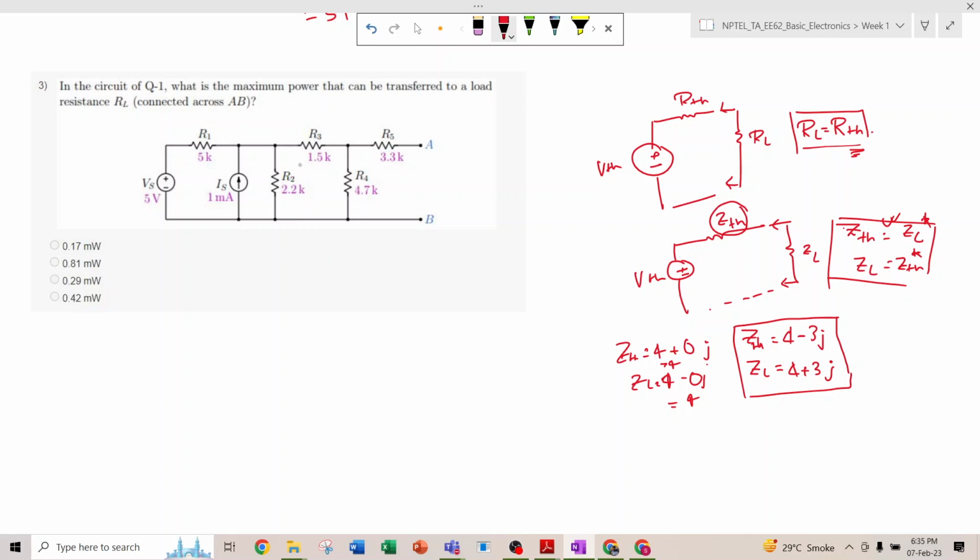Here it is asked, what is the maximum power that can be transferred to the load resistance. We already found the equivalent Thevenin resistance and the Thevenin voltage.